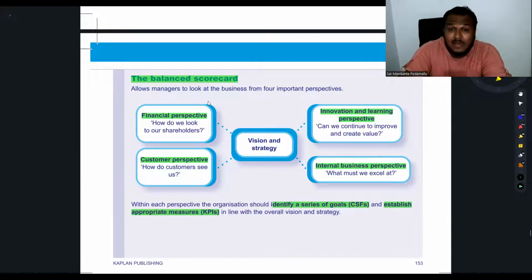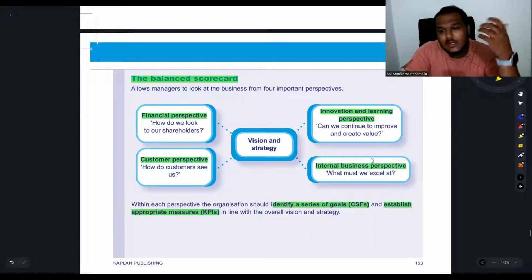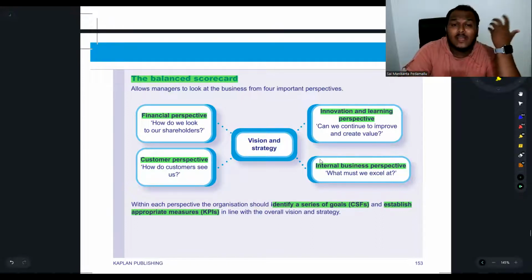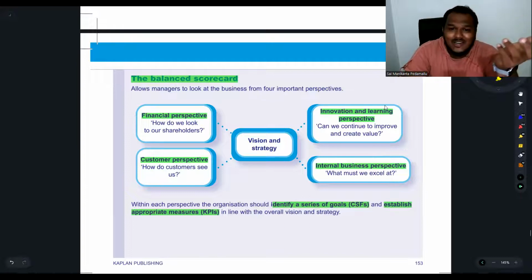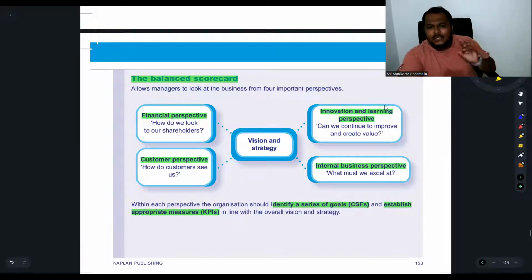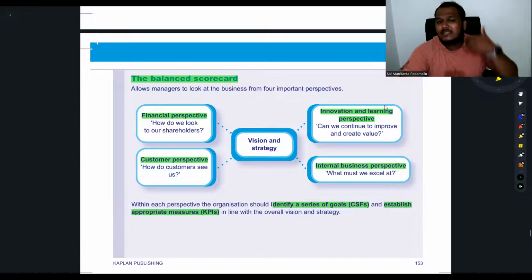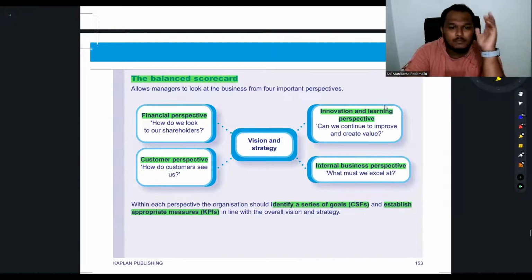If employees are getting trained on how to improve the efficiency of the production process, that can come into internal business perspective. If they are getting trained on how to make the sale to the customer, that can come into learning perspective. It's fine. But the KPI is more important, whether it is categorized in innovation and learning or in internal, it doesn't matter much. Right. Okay, good.